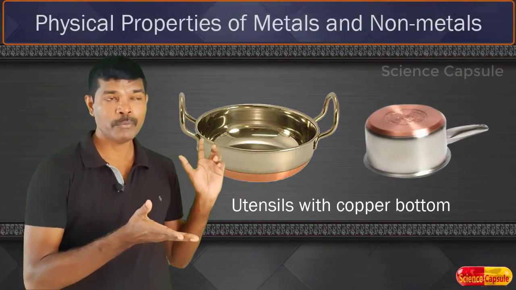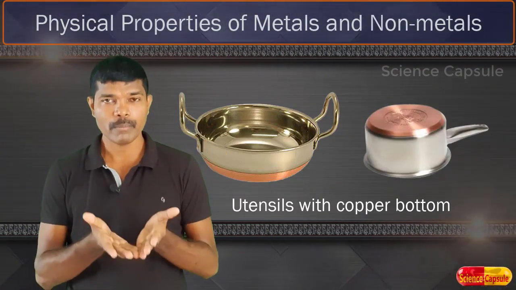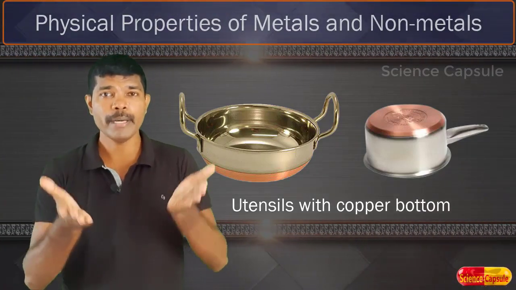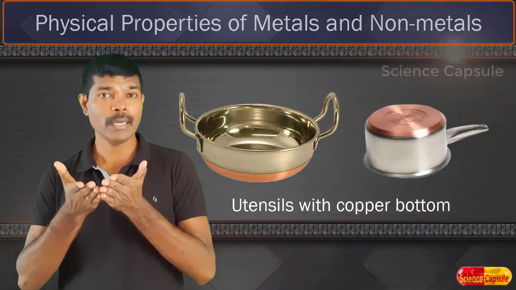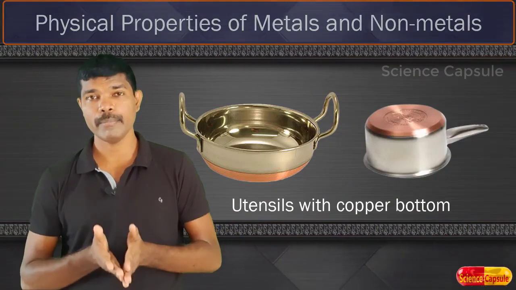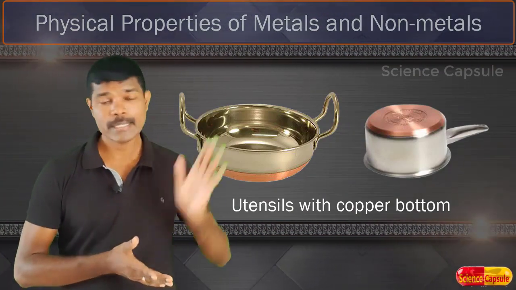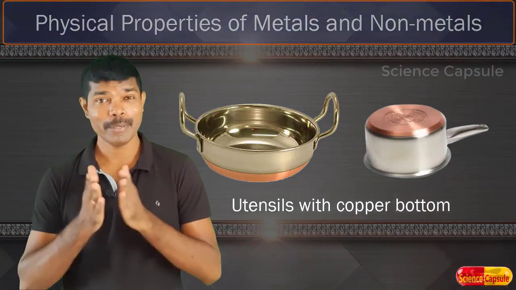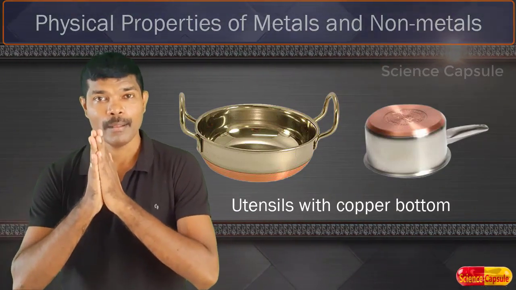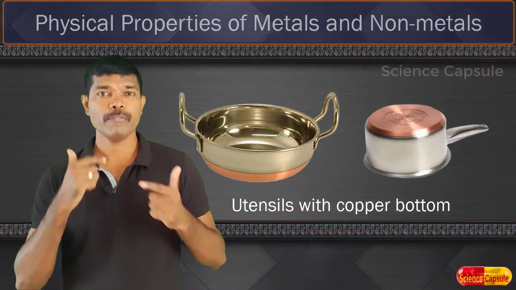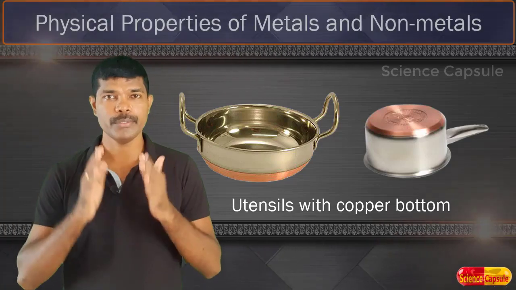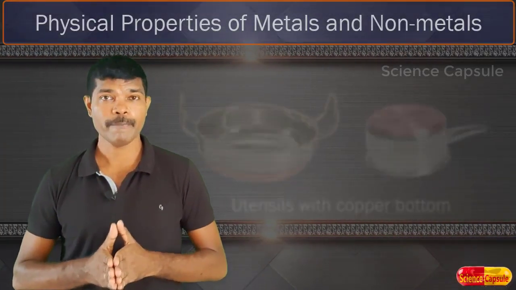Why? If the bottom is made of copper, it can conduct heat much faster than other metals. Mostly all cooking utensils are made of metals because metals are good conductors of heat and electricity. So this is one of the important properties of metals.